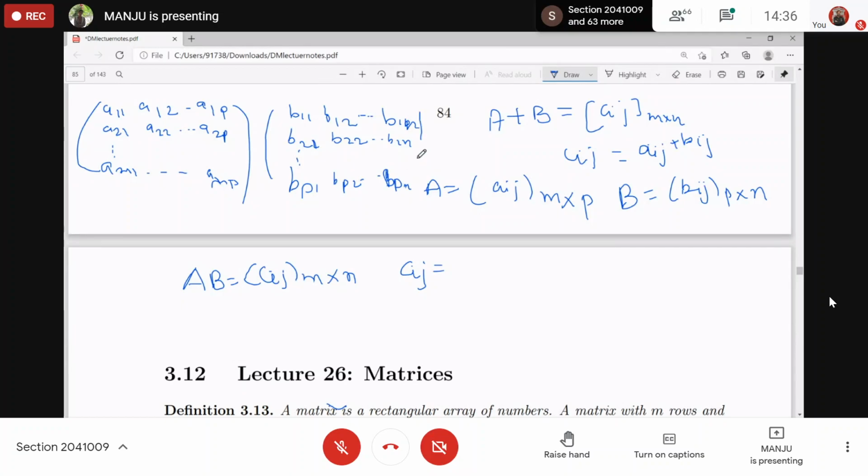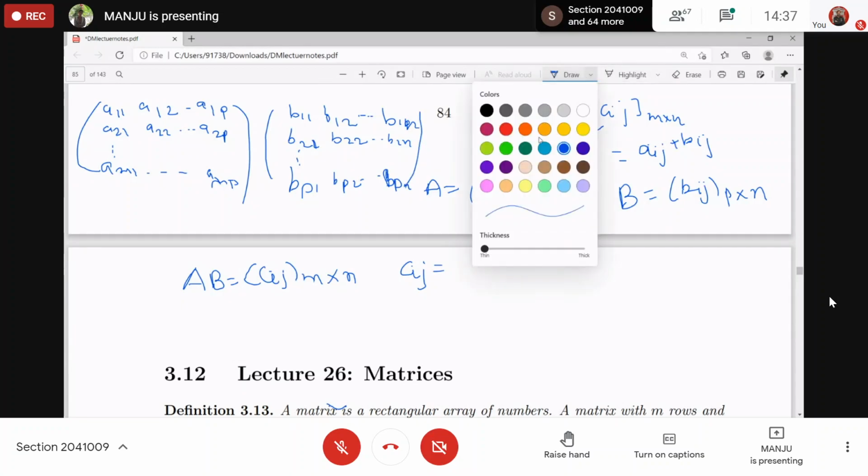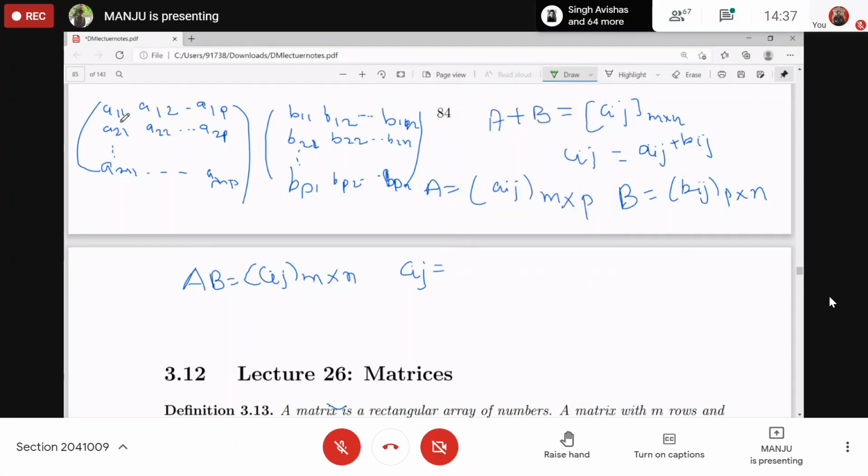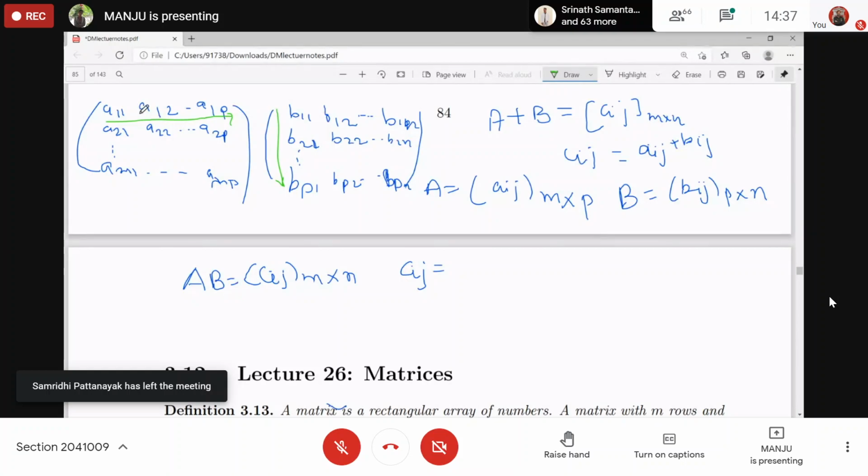Okay. Now this is multiplied with this one, right? So the number of elements should be equal to p, right? Here also p. So A11 into B11, A12, here 1 is fixed. Okay, 1 is fixed.